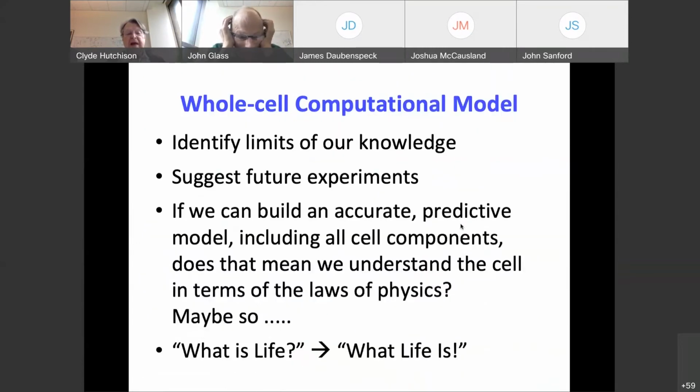And the main idea here is that if we can build an accurate predictive model, including all the cell components, it probably does mean that we, in some real sense, understand the cell in terms of the laws of physics. And we can then be in a position to convert the question, what is life, to an emphatic what life is, or life what it is, I guess you would say these days.